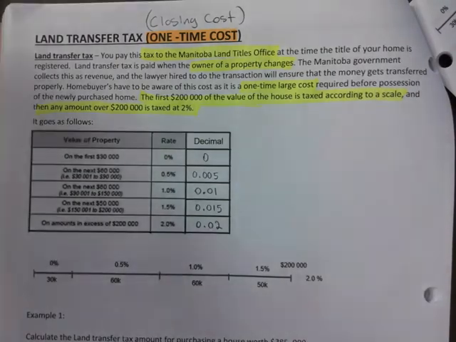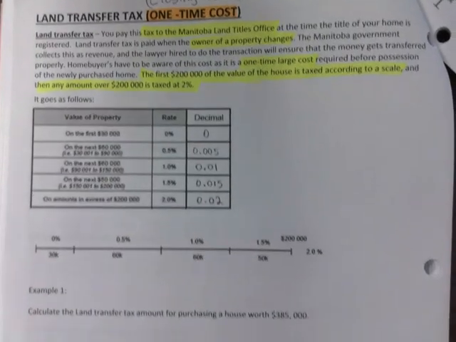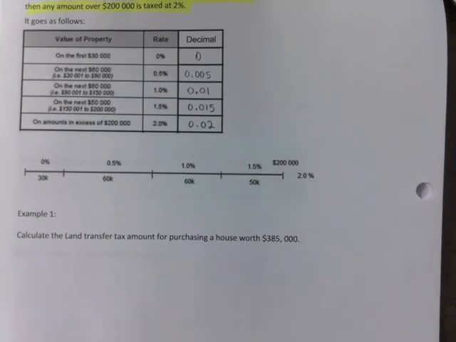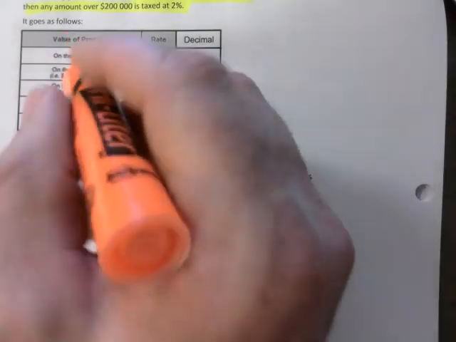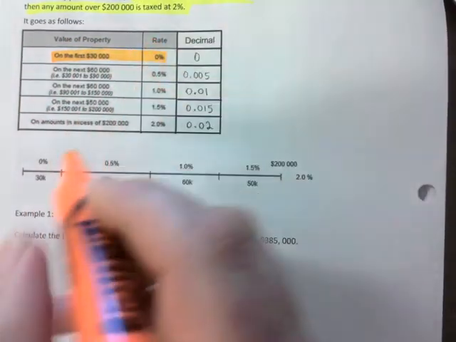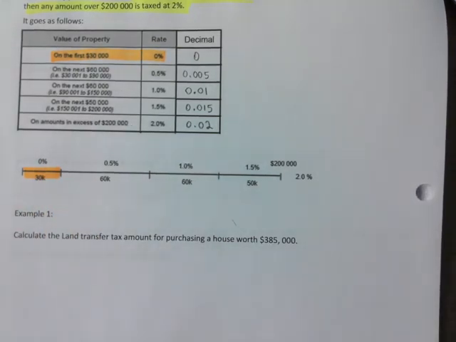And I have a breakdown for you, and I'm using a lot of colors here. Let me bring this up a little bit. The first 30K, you don't pay any taxes on that. Good luck finding a property these days that is 30,000 or less.